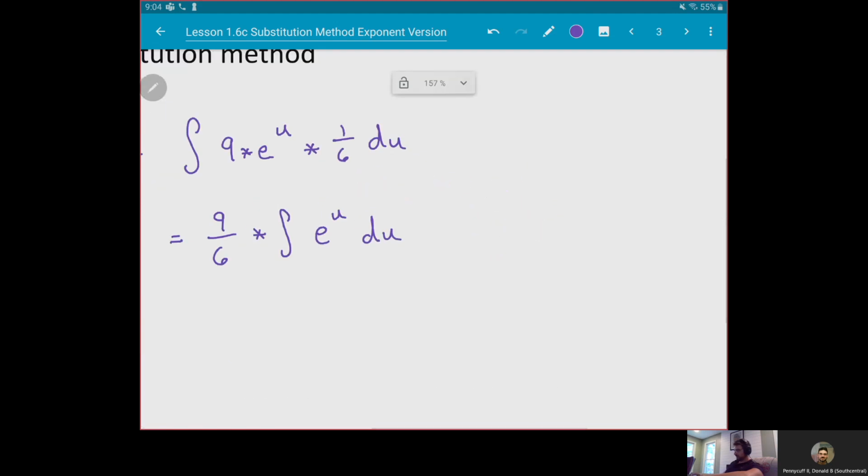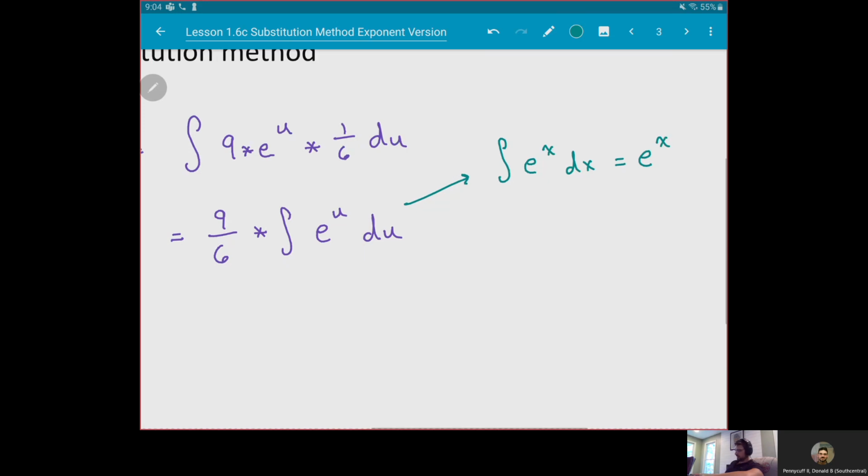Now, just to kind of remind you guys about what we talked about, if you have the integral of e to just a letter, no exponents, no craziness, that is an exact copy of itself.